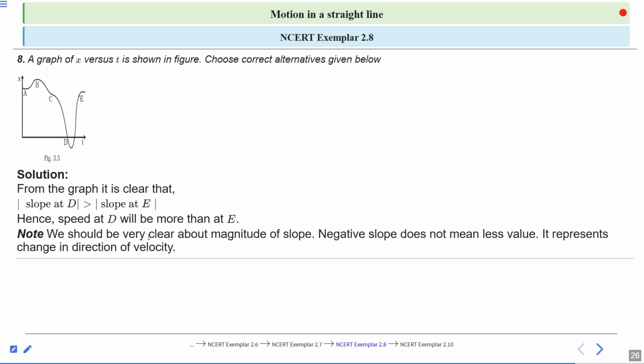Negative slope does not mean less value. It represents change in direction of velocity. Clear?